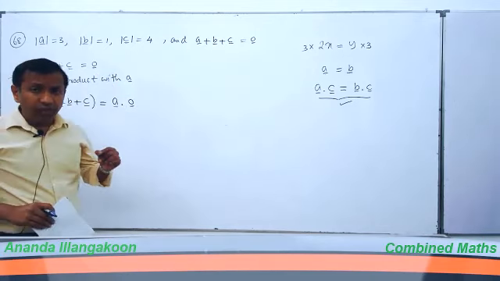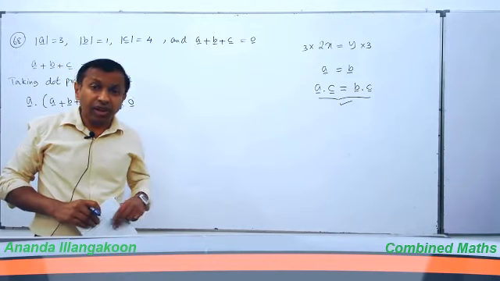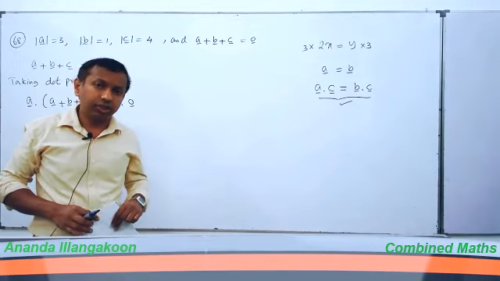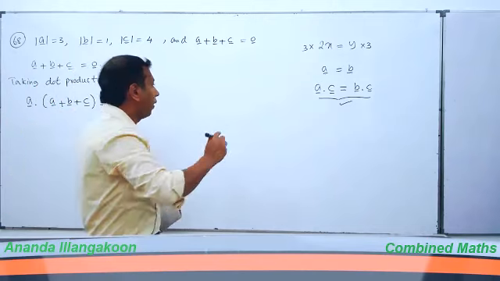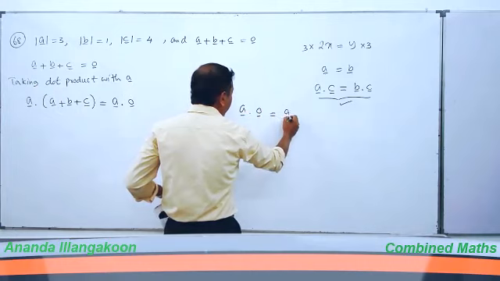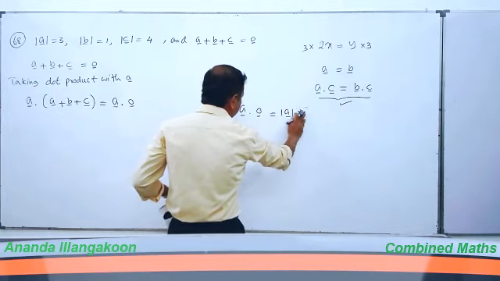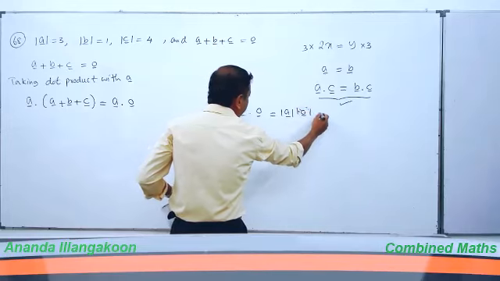People, when we take the dot product of a vector with the null vector, the answer is 0. The reason: when we define A dot null vector, how to define this? Modulus of A, modulus of B, here B is the null vector, times cos theta.